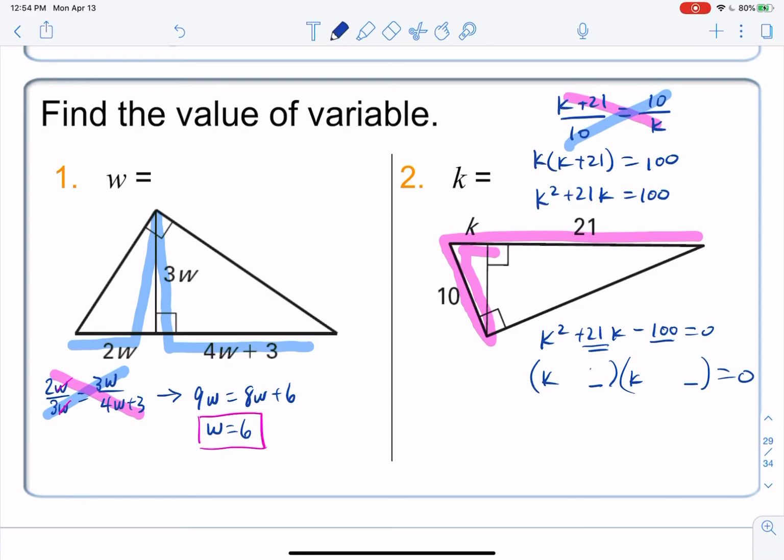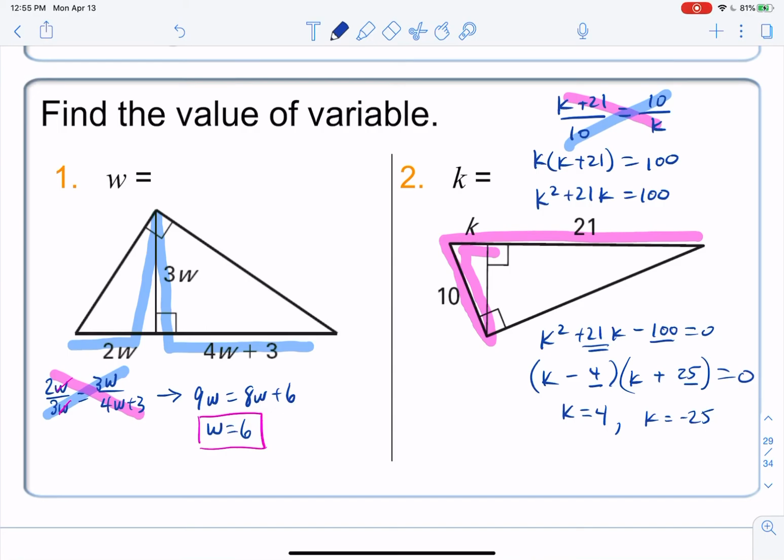I think that is 4 times 25 because that's 100. And if I subtract those, I'd get 21. Now notice that the 21 in the middle has a positive sign. So 25 has to be positive and 4 has to be negative. All right, so I set both of those factors equal to 0, and I would have k is equal to 4 from the first factor, or k is equal to negative 25 from the second one.